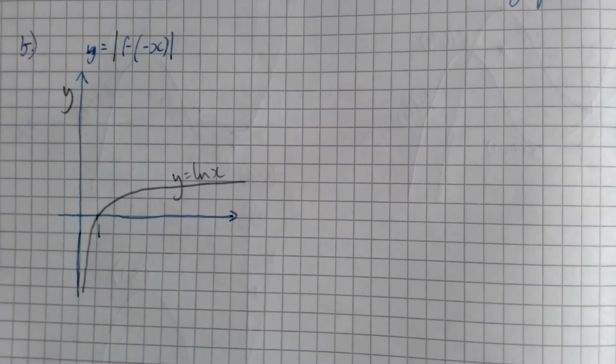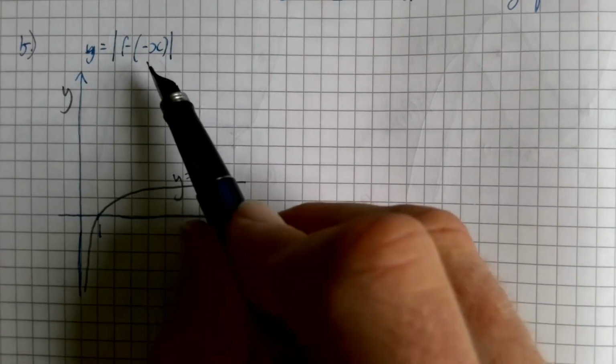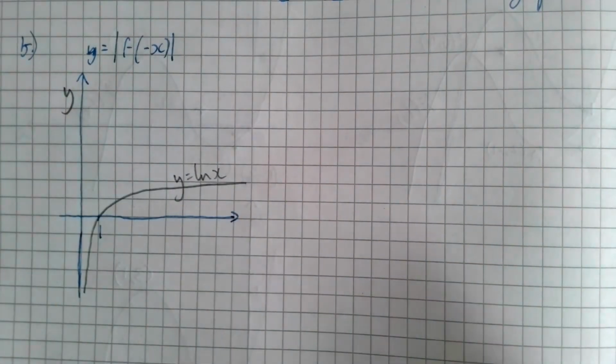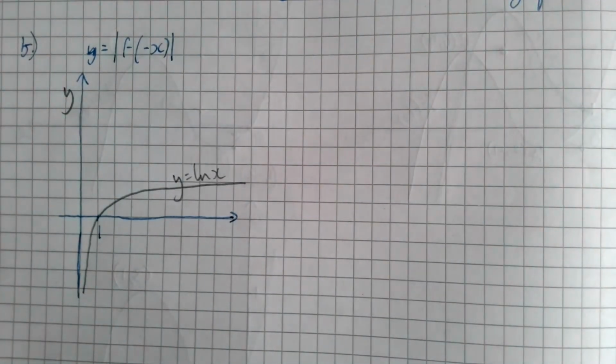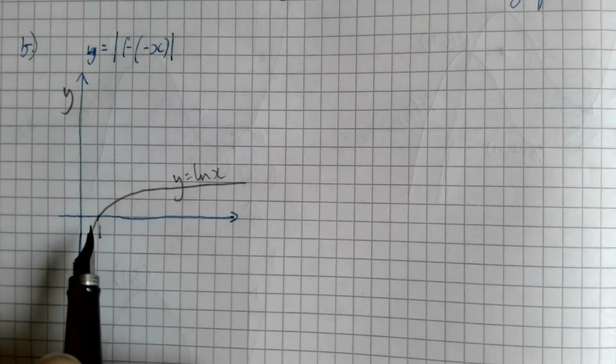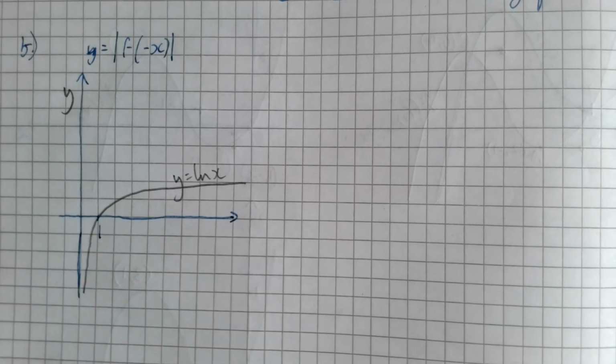Right, so here we go. We've got the last one here. And what do we do first? Well, the first thing to do, sort out what's in the bracket. So if we apply the negative before we do the operation, then that's going to mean that when I put in 1, I'd get what I get for -1. When I put in -1, I get what I get for +1.